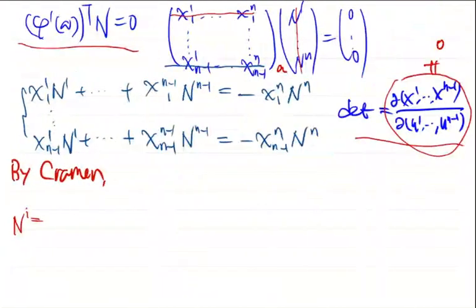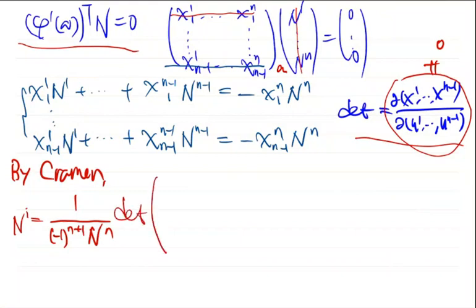So here we get (-1)^(n+1) N_n in the denominator. And then the determinant of what? The determinant you want to compute N_i: replace the ith column of the matrix by the right hand side, the column vector at the right hand side.